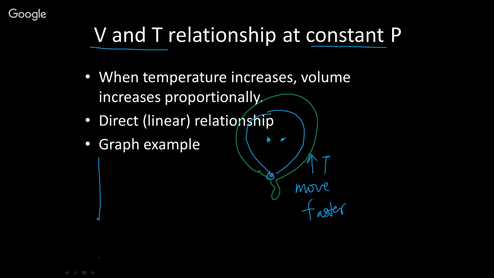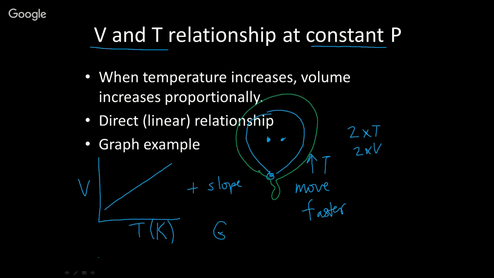And graphically, it looks similar to the first graph we had, this time volume against temperature in Kelvin. We have a direct linear relationship with a positive slope. So that means if we were to double the temperature, we would also have to double the volume to accommodate that.